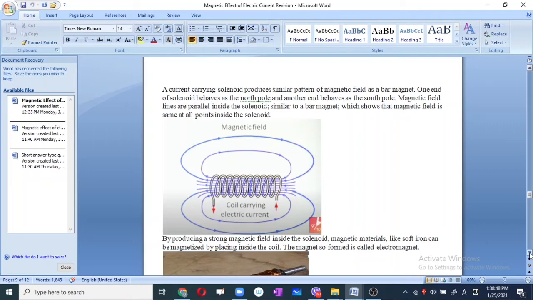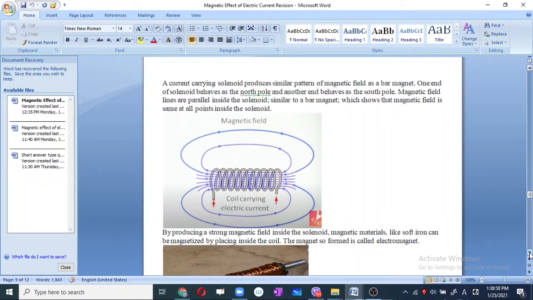Yes, the parallel lines inside the solenoid show that the magnetic field is uniform inside the solenoid. And outside the solenoid, of course, we can see there is a spacing between the magnetic field lines. Hence, as we move away from the solenoid, the magnetic field strength decreases.